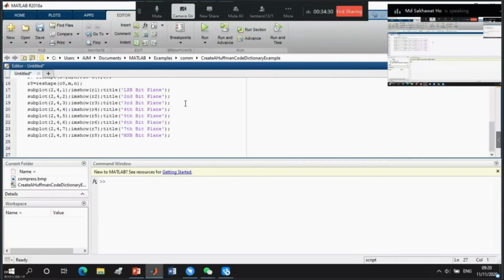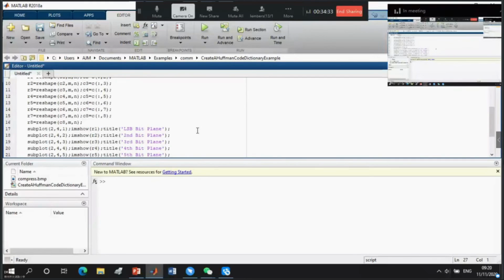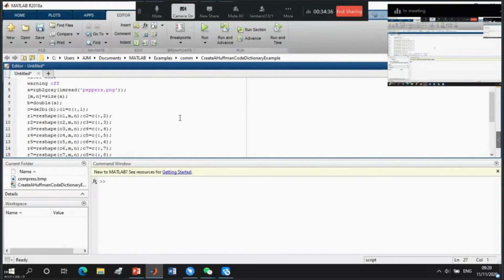This bit plane, as you see, is something like splitting and putting the sheets on top of each other. Maybe some of you say that we are just doing some mathematical part, not on the image, but really all of them are on the image. The second thing I should notice for you is that this method is mathematical, but as we know the image is in the form of a matrix, there is no difference between them.